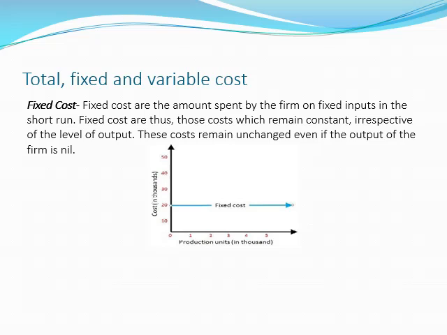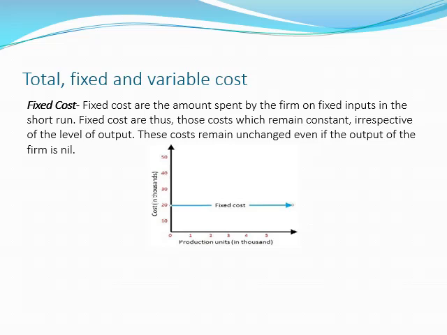The fixed cost is the cost of fixed factors of production, those costs which remain constant irrespective of the level of output. These costs remain unchanged even if the output of the firm is nil.